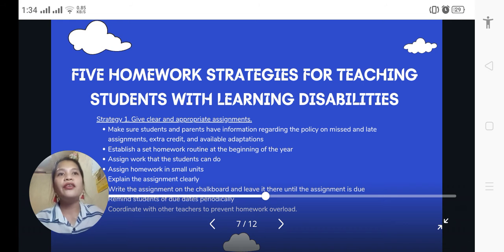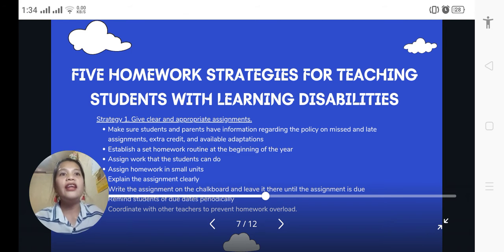And then another one, explain the assignment clearly. If you need to repeat it again, okay, usually teachers repeat instructions twice. But if you have a student with disability, you should repeat it until the child gets what you want him to do.